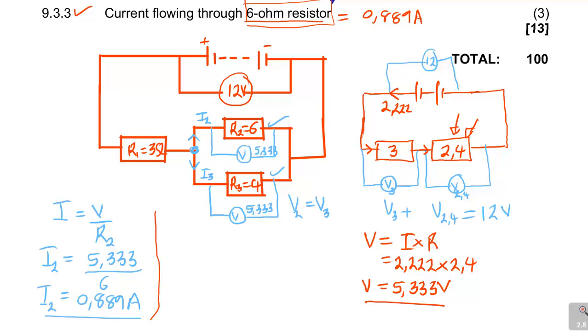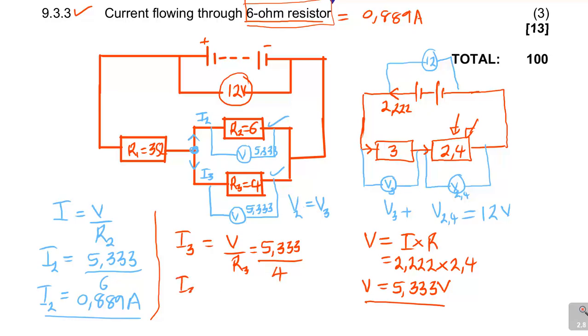But just to test if our answer is correct, let me find the current passing through R3. It's the same form. I3 is equal to V over R3. I was not required to calculate that, but I just want to show you something. The V is still the same, 5.333. Remember, this is a parallel combination, so the voltage is the same, but what is different is the resistance, which is 4.